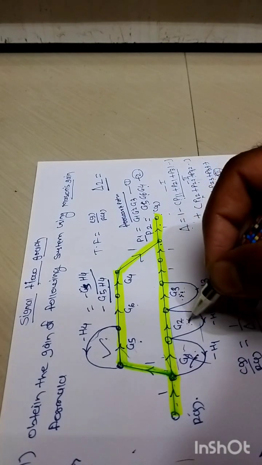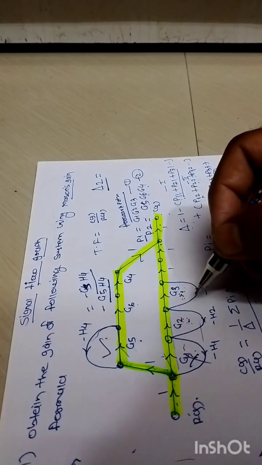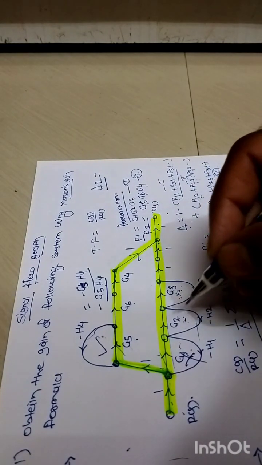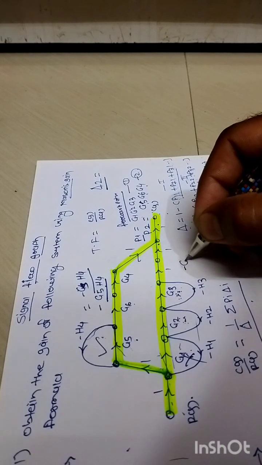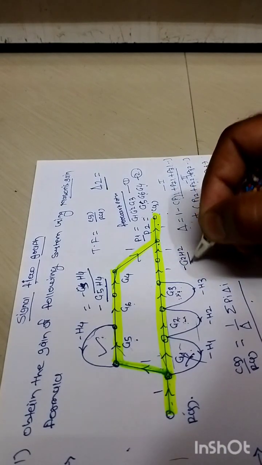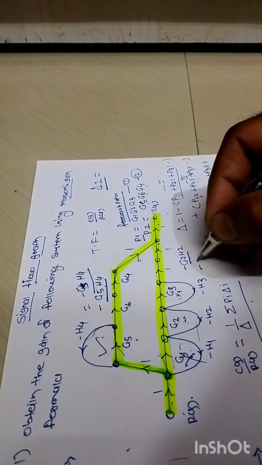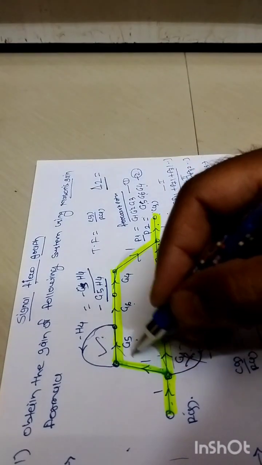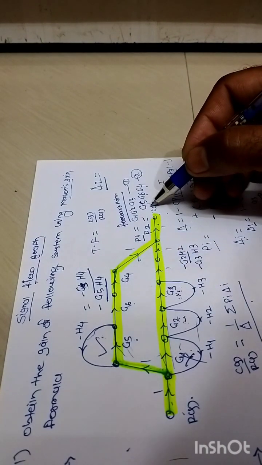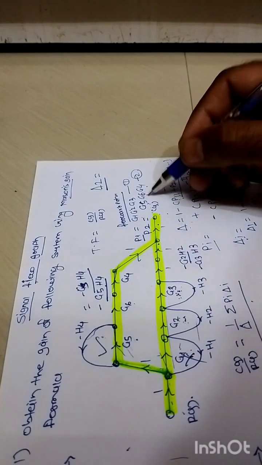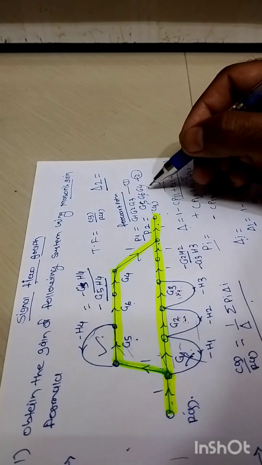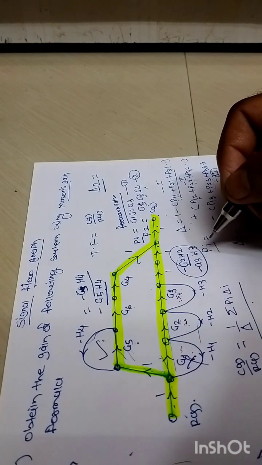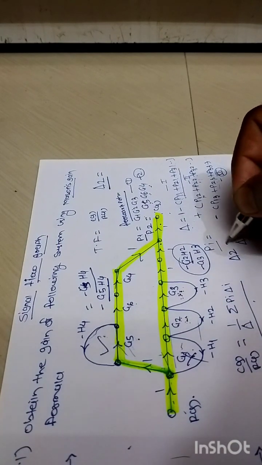But when we come to these two individual loops, loop number 2 and loop number 3, the gain of this loop is minus G2 times H2, and the gain of this loop is minus G3 times H3. They have nothing to do with this forward path number 2, whose gain is G5, G6 and G4. So definitely these two terms can be written as a part of delta 2.